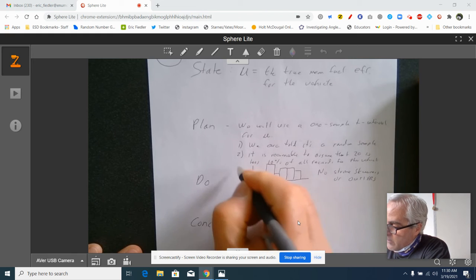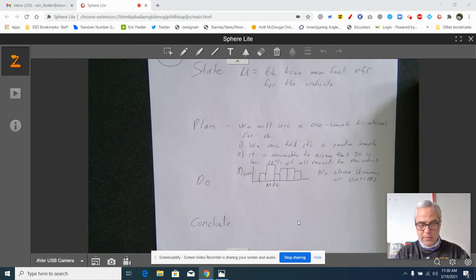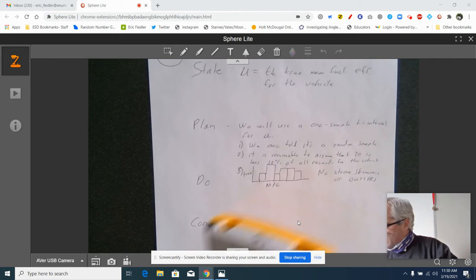Again, for part three: 30 or bigger, CLT, central limit theorem. Smaller than 30, you have to show a graphical picture that shows there's no strong skewness or outliers.